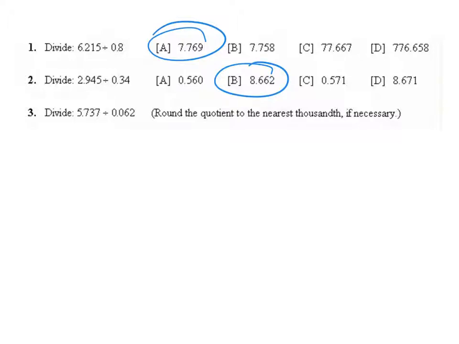On question 3, it does tell us to round to the nearest thousandth if needed. So here's the dividend, 5 and 737 thousandths, dividing by 62 thousandths.